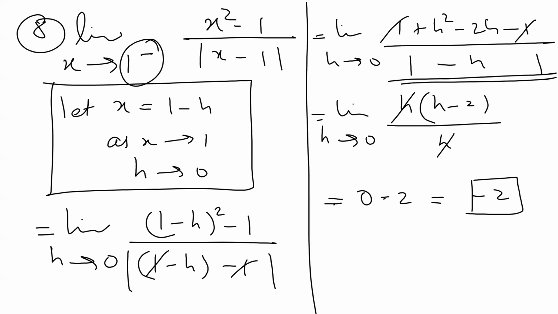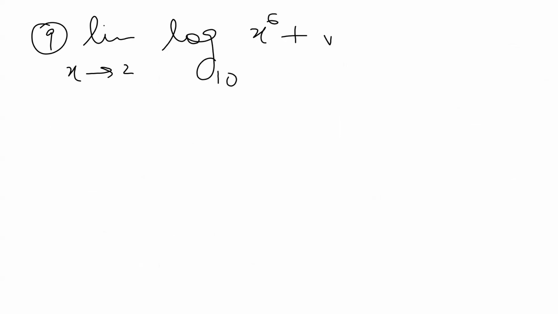Let's go to question number 9. Limit x approaching towards 2, log to the base 10 of x raised to 6 plus root of x square plus 1292. Now see guys, we need to prove that the answer of this limit is equal to 2.